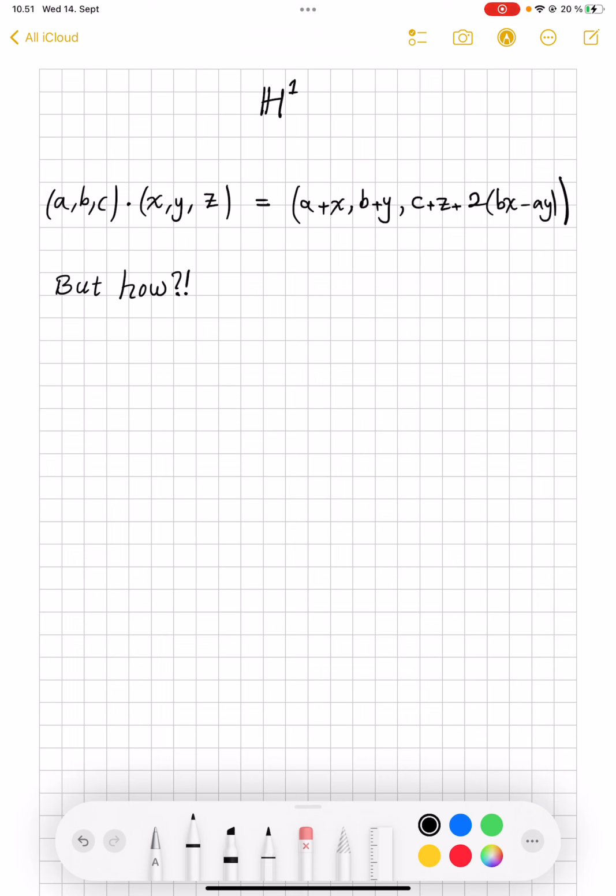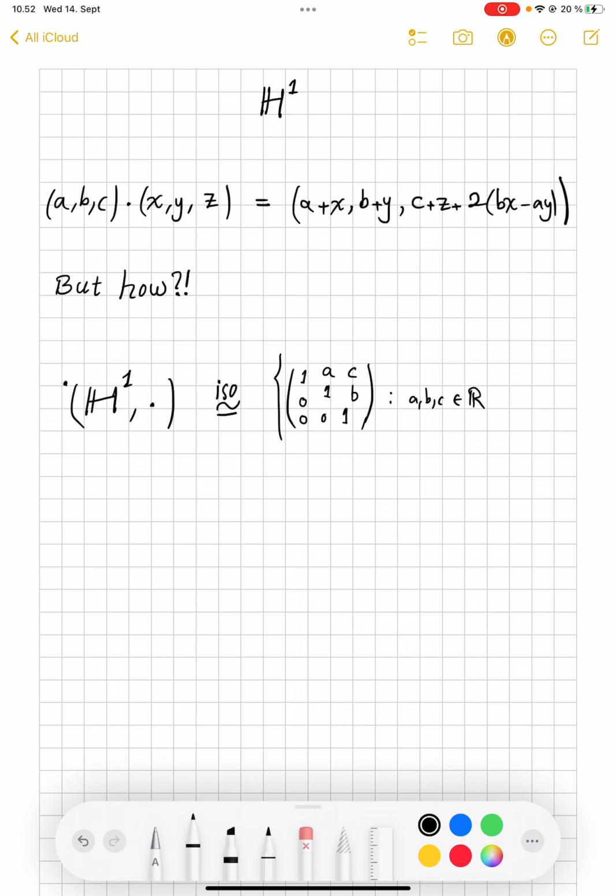But anyway, there are two answers, and number one is that this group H1 with this multiplication that you see is isomorphic in the sense of groups. So from the point of view of multiplication, it's basically the same as the space of matrices that have the form of 1 on the diagonal, zeros below it, and then A, B and C. So think about all such matrices where A, B, and C are real valued.